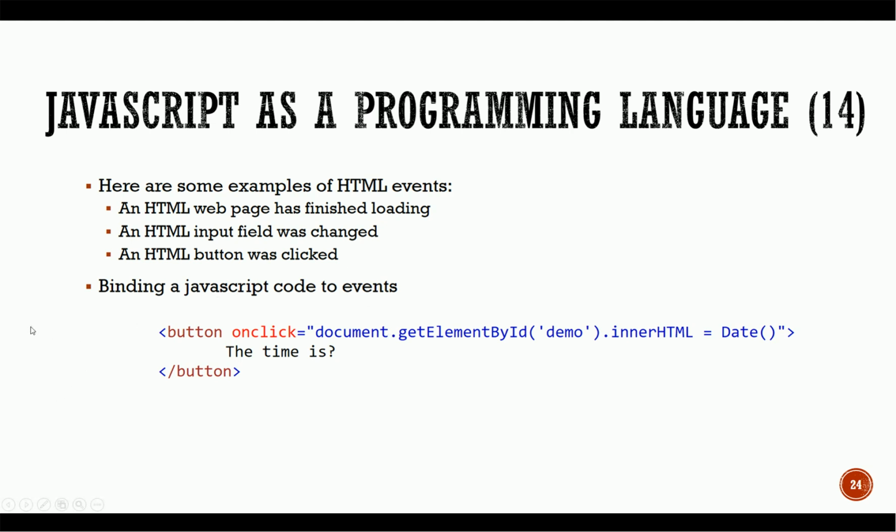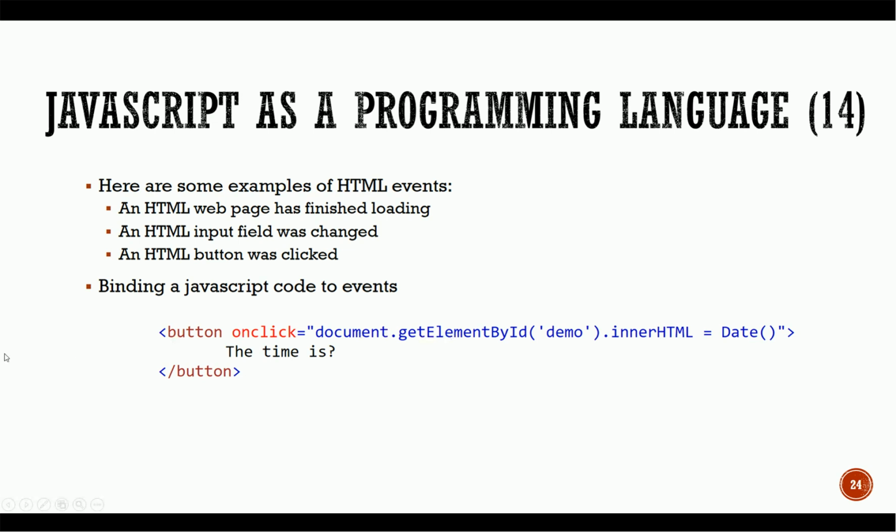In the following example, the onclick attribute of the button will activate the blue line, which is JavaScript code. We can also avoid writing JavaScript directly here, and instead put it in a function and put the function name here, of course with the argument if we have one.